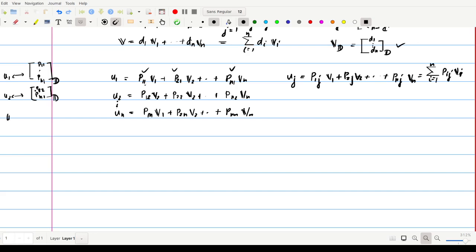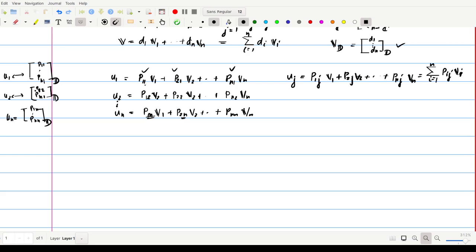Similarly, the coordinates of un are obtained using these coefficients p1n etc. pnn relative to the basis d.